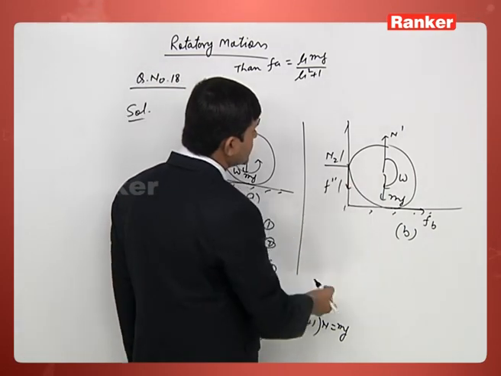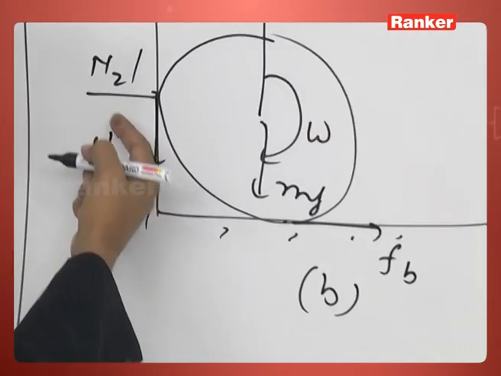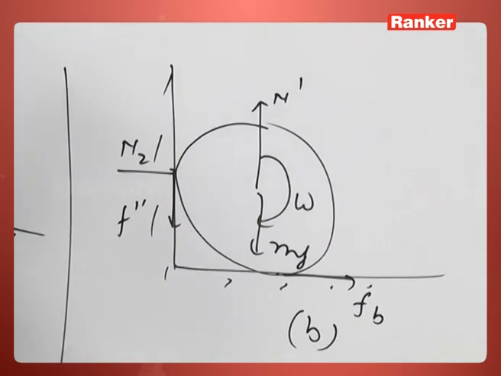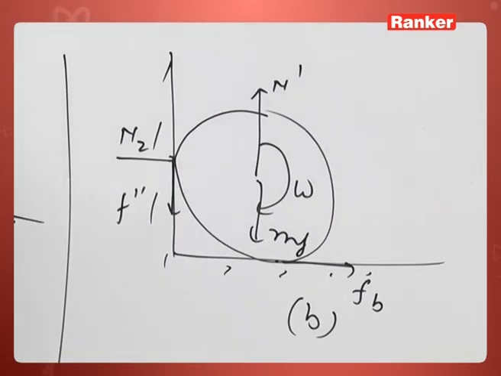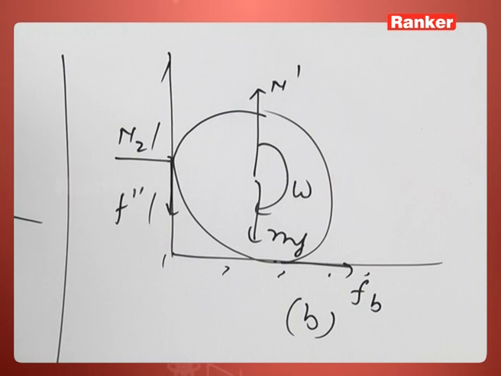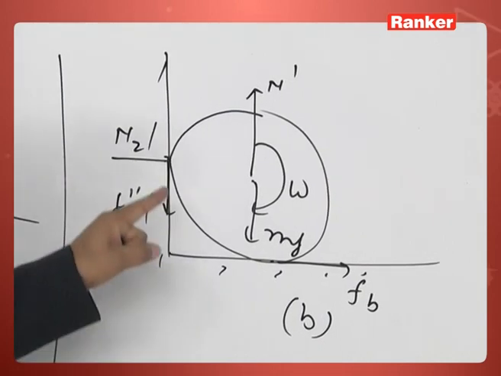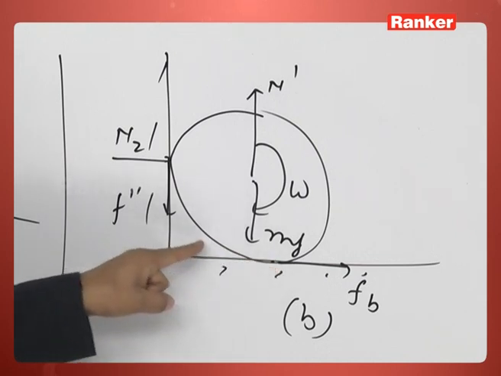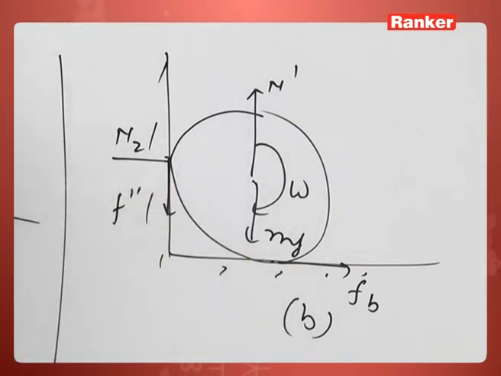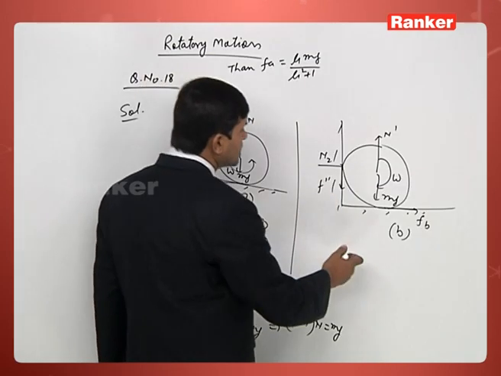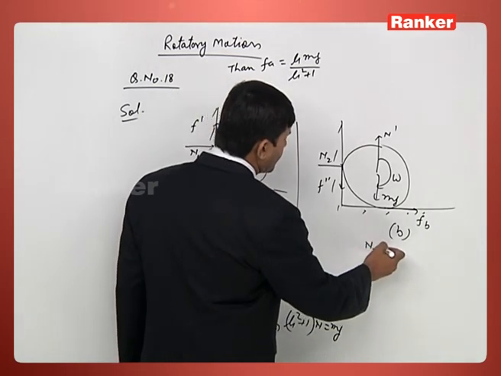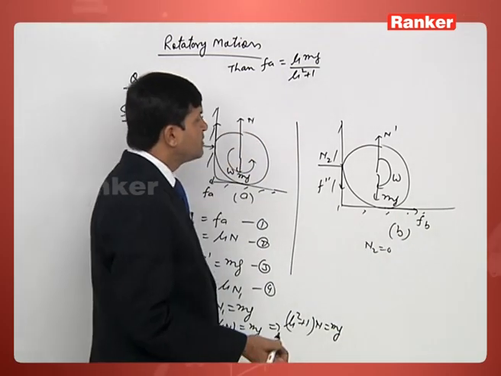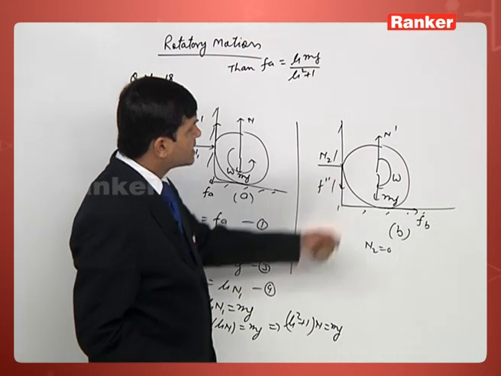In this, N2 is acting in this direction, so Fb is in this direction. Here, as it is rotating anti-clockwise, Fb will leave the contact, so N2 will be 0 here.